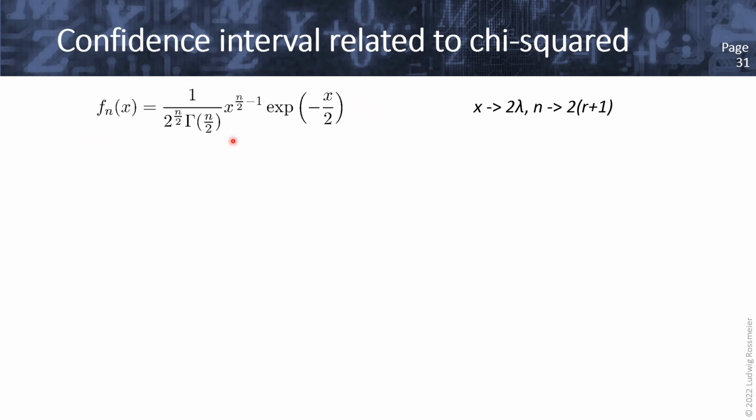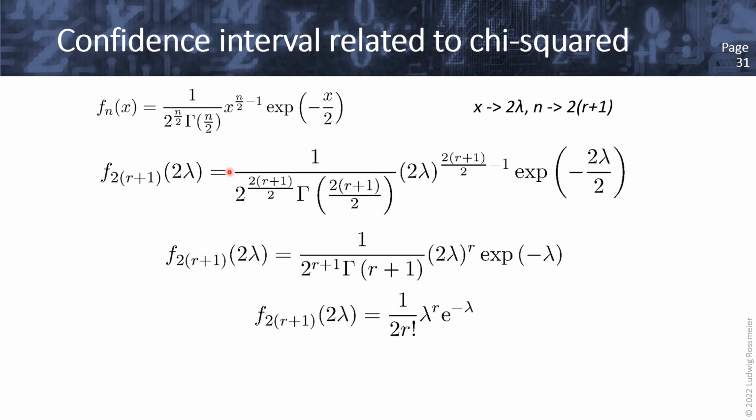This is the chi-squared distribution, and I wanted to replace these values. First of all, I also have to replace the index here with n going to 2 times r plus 1, and the value of x is replaced by 2 times lambda.